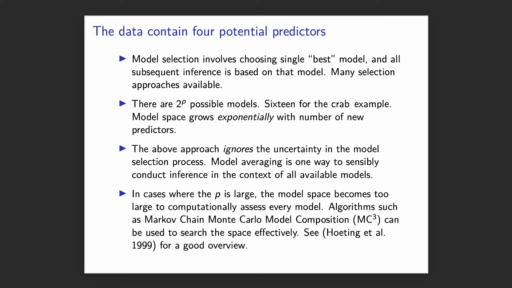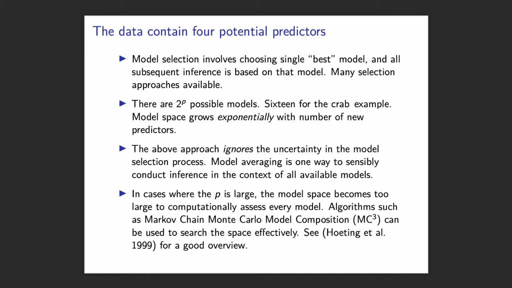That understates uncertainty in the model selection process that perhaps should be carried forward into inference, which is one of the things that model averaging helps with. But again, just as we're coming up with these terms, model selection just says, give me the most probable model, pick that. Give me the lowest BIC or the lowest AIC or the best Cp statistic, whatever your preference is. If you just do that, that's model selection.